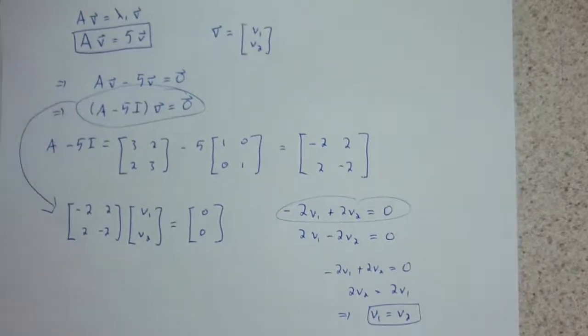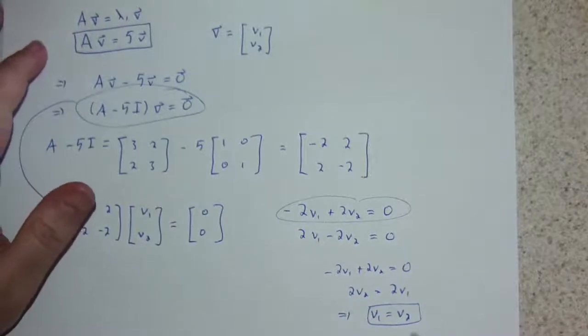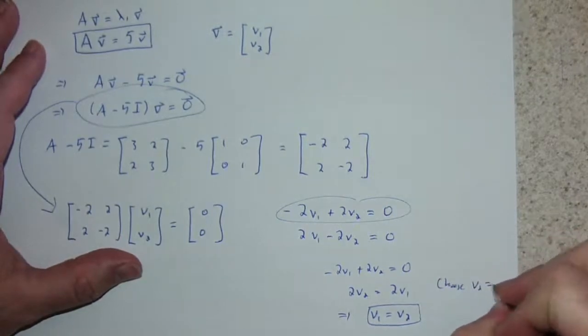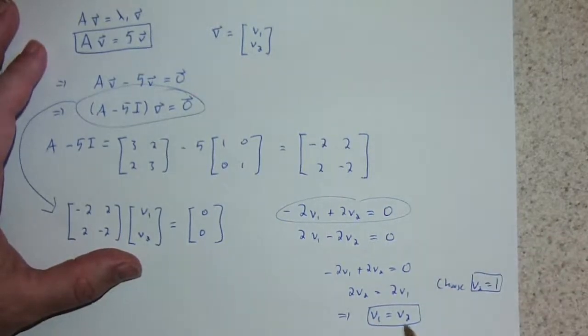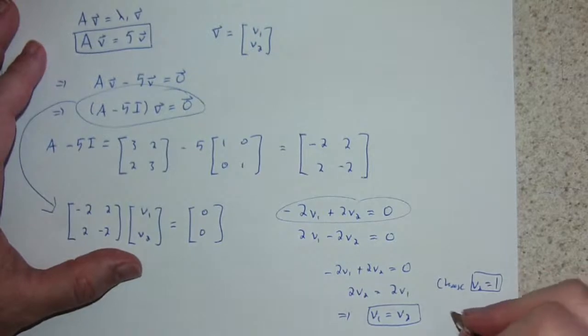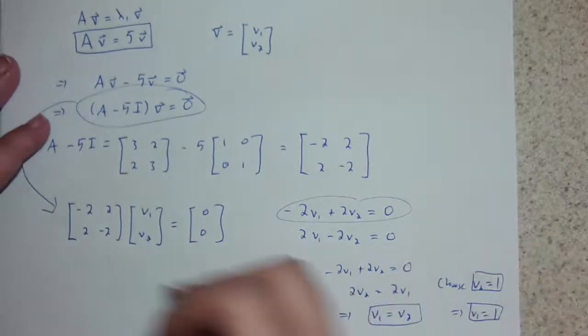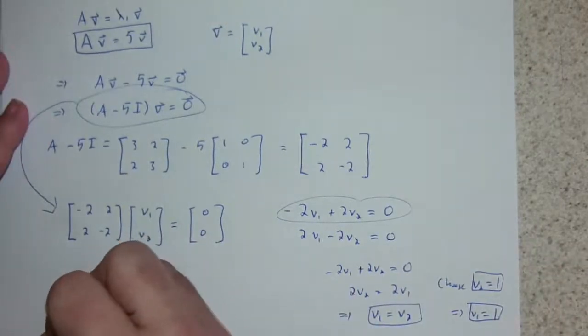So I have a choice for v2. Say that we choose v2 to be equal to 1. Well, since v1 is equal to v2, if v2 is equal to 1, this means that v1 is equal to 1. And so we have found a solution to this, i.e. the vector v, which is 1, 1.